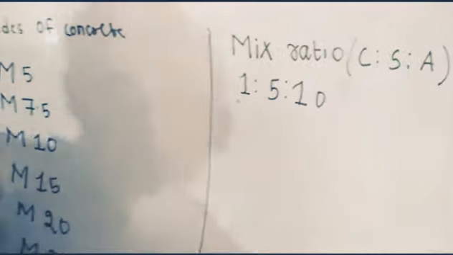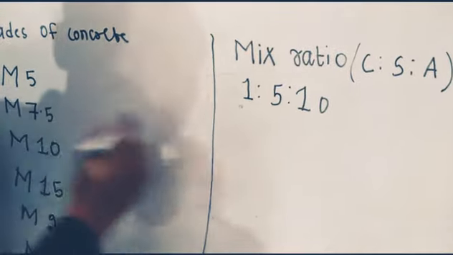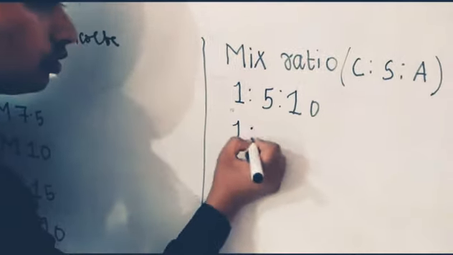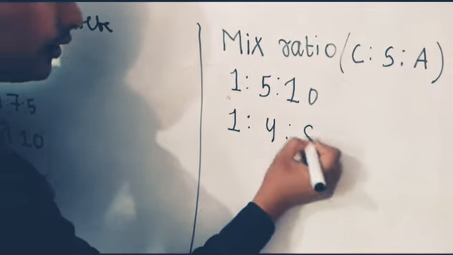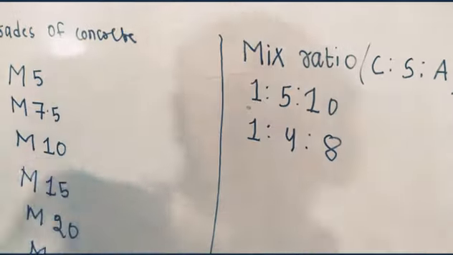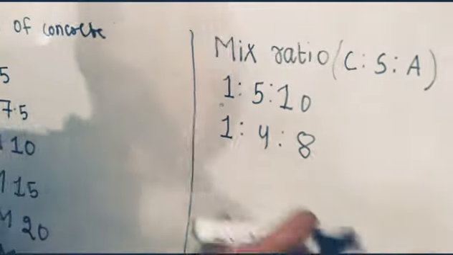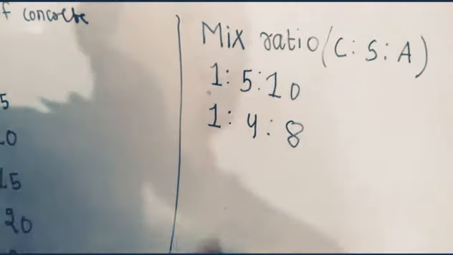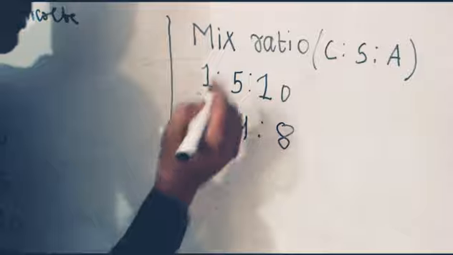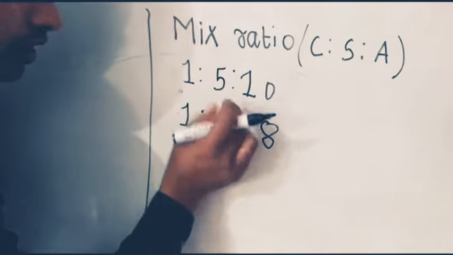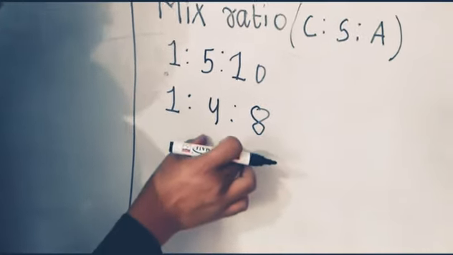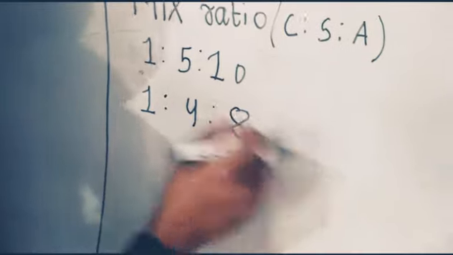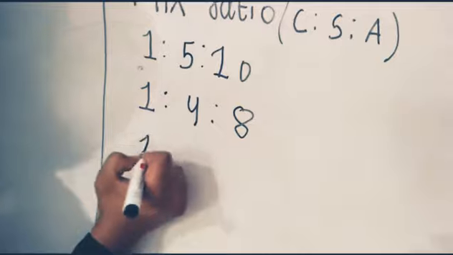Similarly, the mix ratio of M7.5 is 1:4:8. You can also look up this mix ratio from different IS codes, or you can simply understand this: if here it is 5, we go on decreasing by 1 and here by 2.